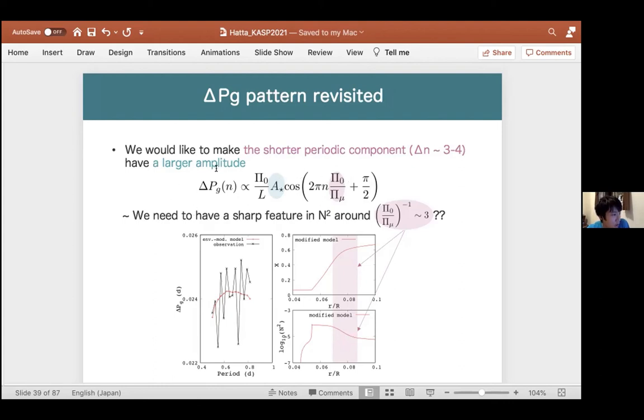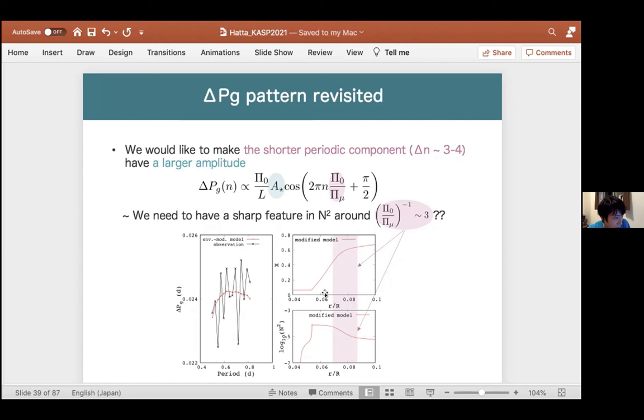So following this expression, what we need is to have a sharp feature in the Brunt-Väisälä frequency. Here's the Brunt-Väisälä frequency inside the model. Around this value, which is close to 3, because we would like the short periodic component with 3 to appear.